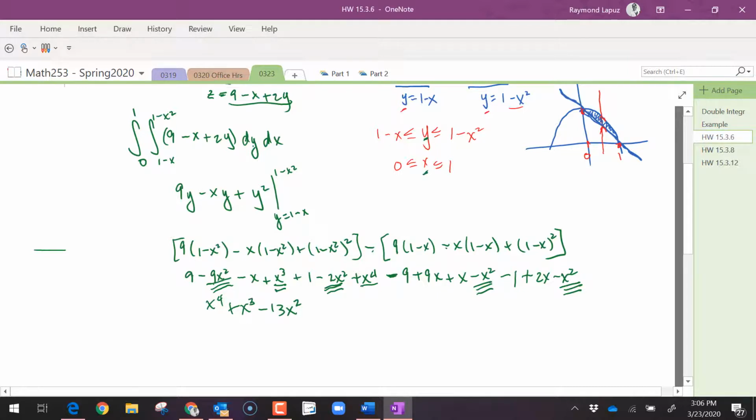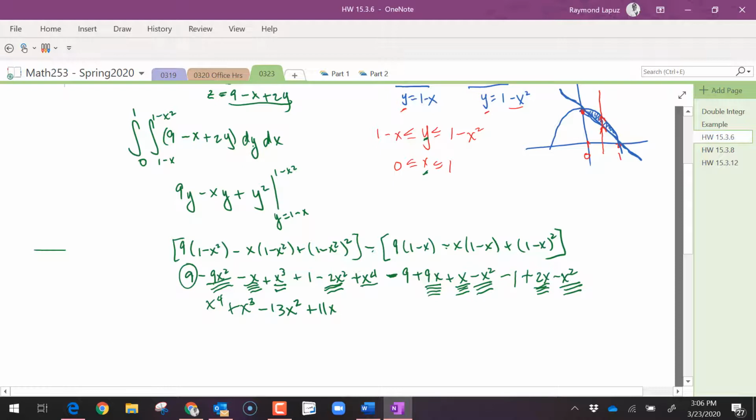Alright, how many x's do we have? We have 1, 2, 3, 4 x's. So that's a negative x. Plus 9, so that's a positive 8, plus 1, positive 9, plus 2, positive 11.